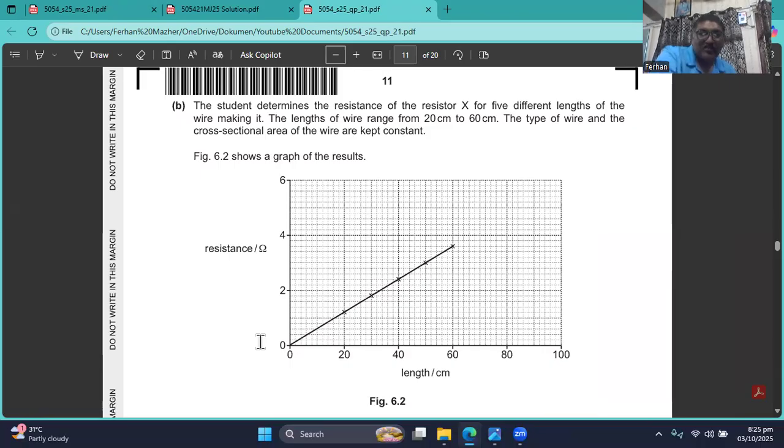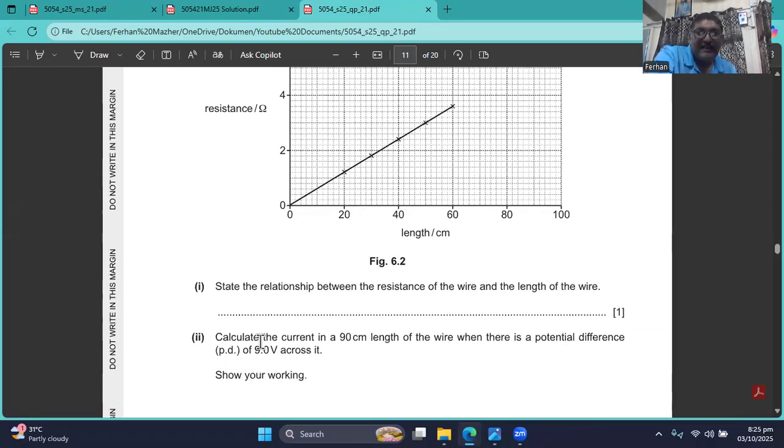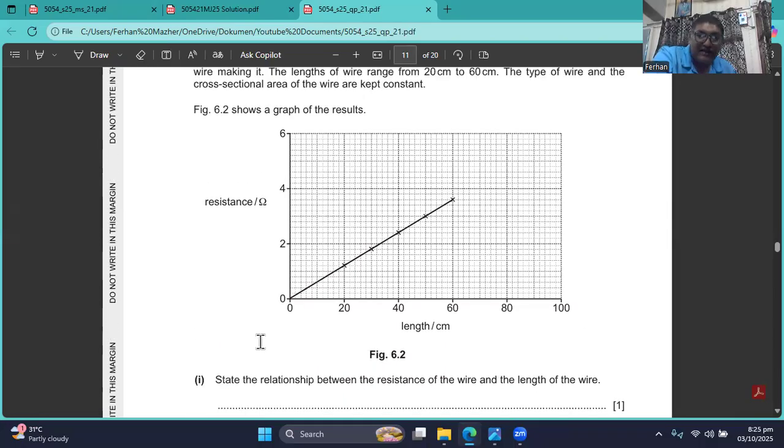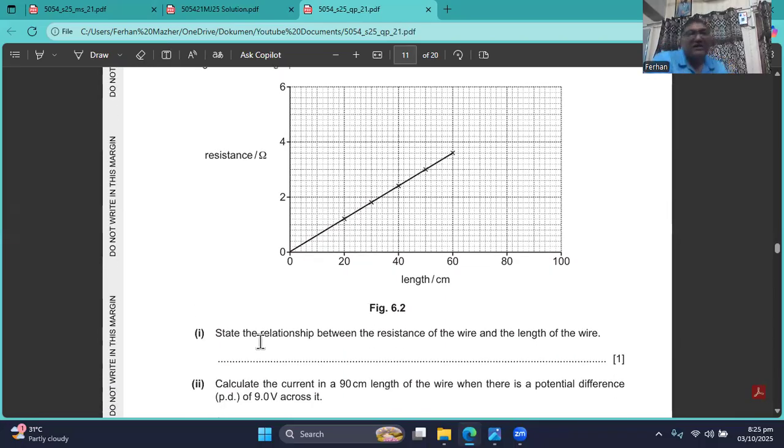So what is their question? State the relationship between the resistance of the wire and the length of the wire. If you look at the shape of this graph, the resistance is the dependent variable and the length is the independent variable. The graph is a straight line with a positive gradient and it is passing through the origin.